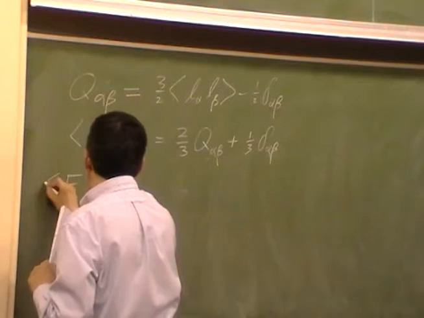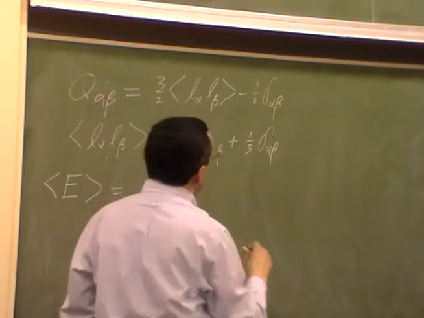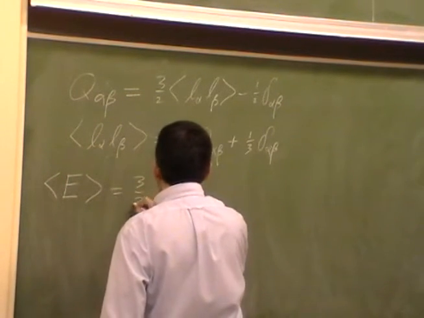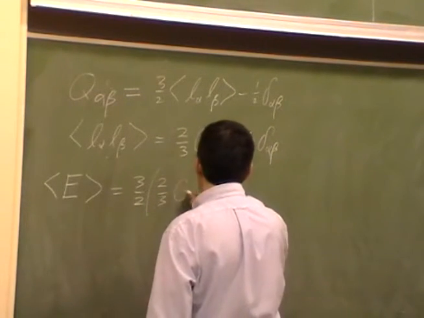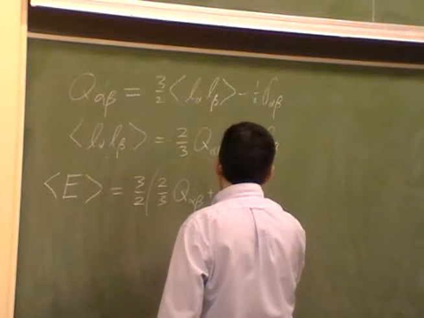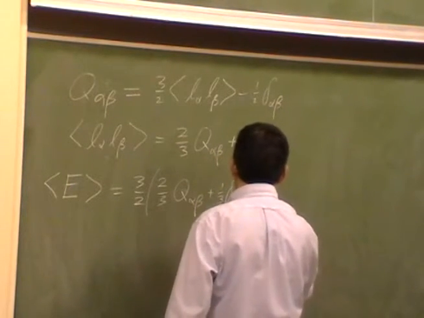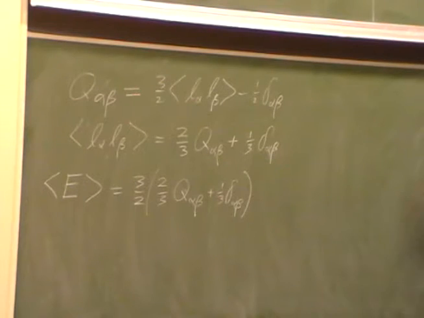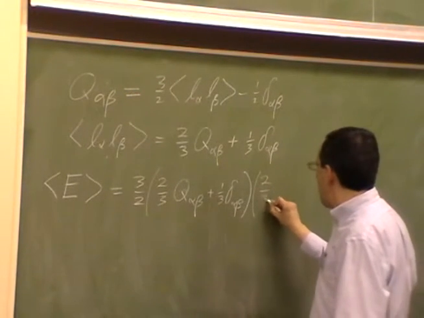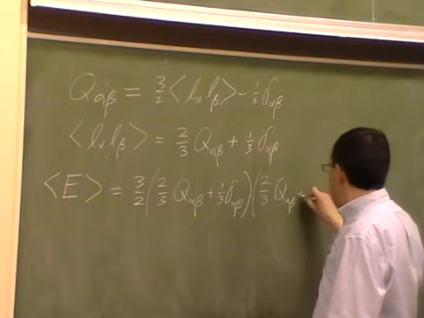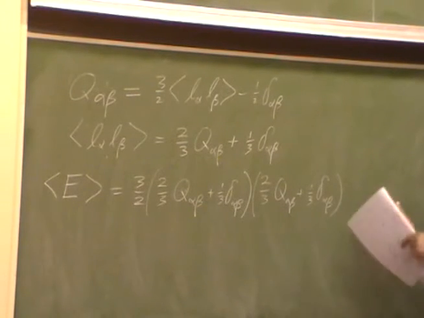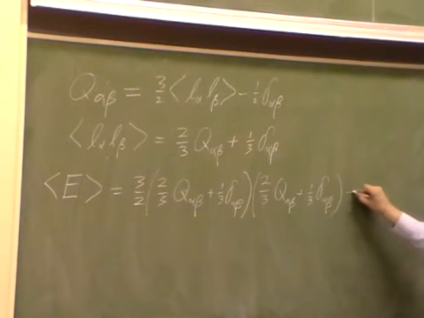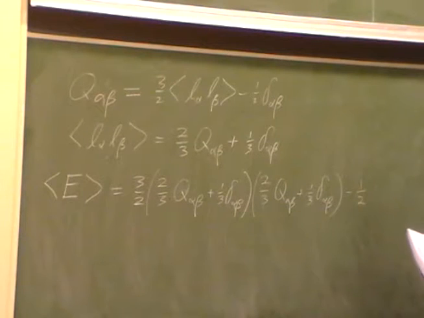So the average energy is going to be 3/2 of 2/3 Q alpha beta plus 1/3 delta alpha beta, right, for site i. Then the same thing, 2/3 Q alpha beta plus 1/3 delta alpha beta for site j, minus 1/2.